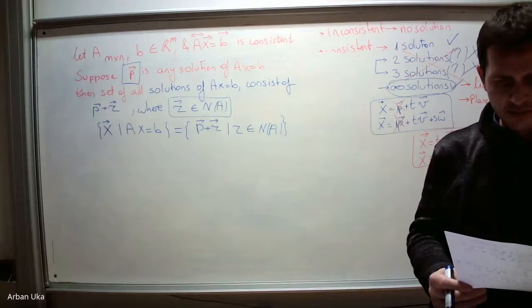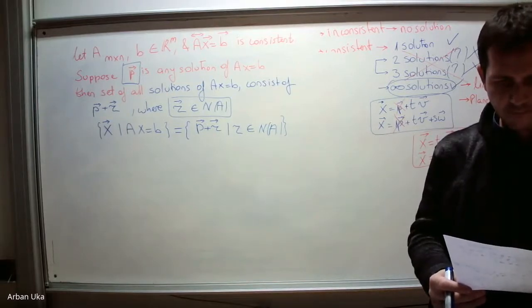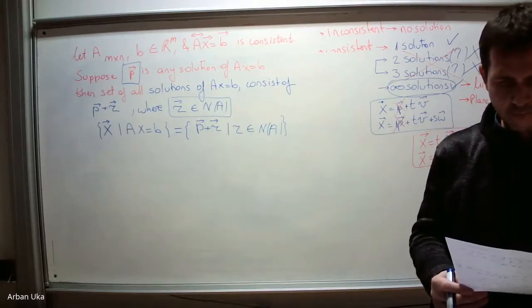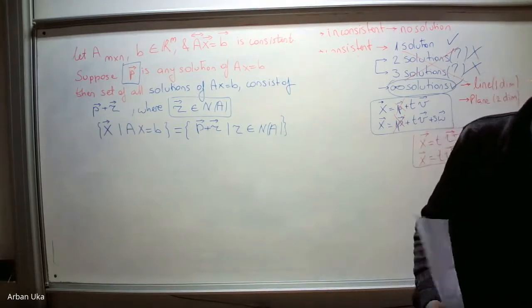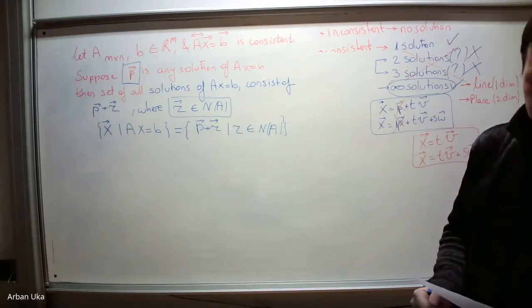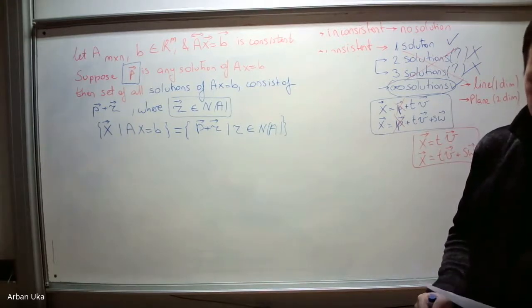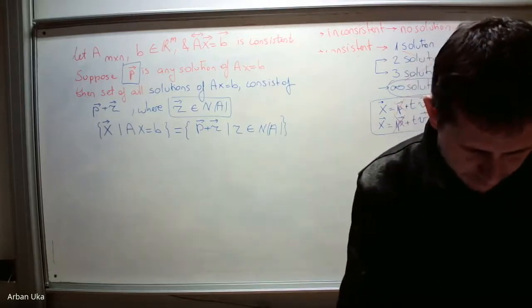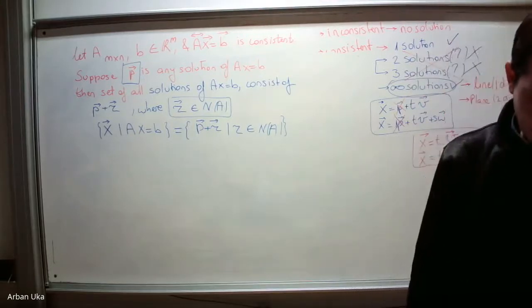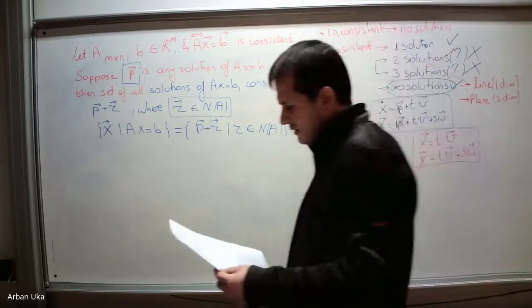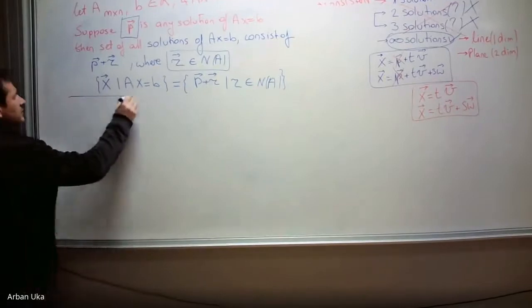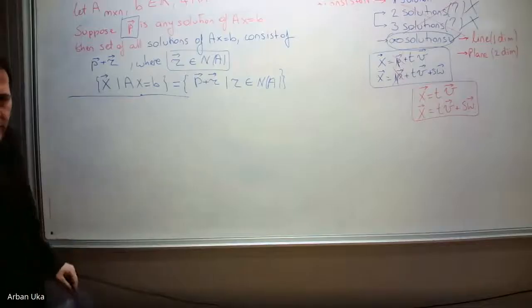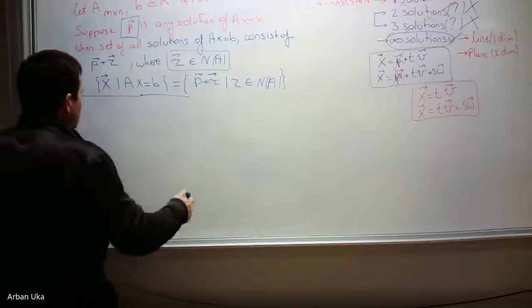Well, let's see another example. Let's assume, how about we multiply A with P plus Z to get B?